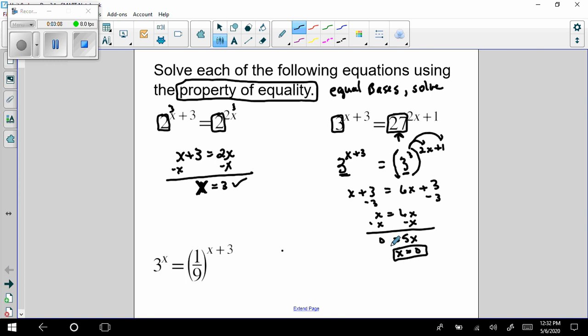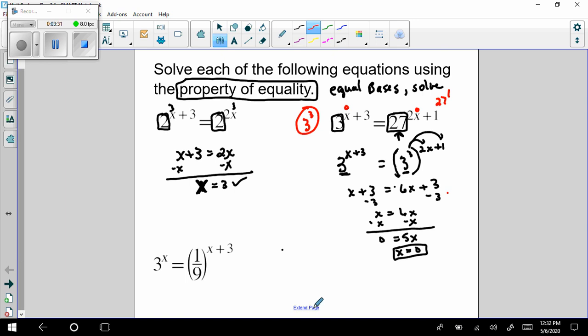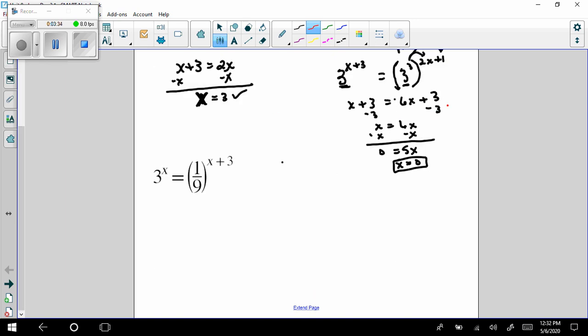So to check, if I have a 0 here, 0 plus 3 is 3, so over here I have 3 to the 3rd. If I put a 0 here, I have 2 times 0 plus 1, which is 27 to the 1st. 3 to the 3rd is equal to 27, so my answer is correct. Remember, on exponential equations, the domain of x is all real numbers, so there's no restrictions to worry about.